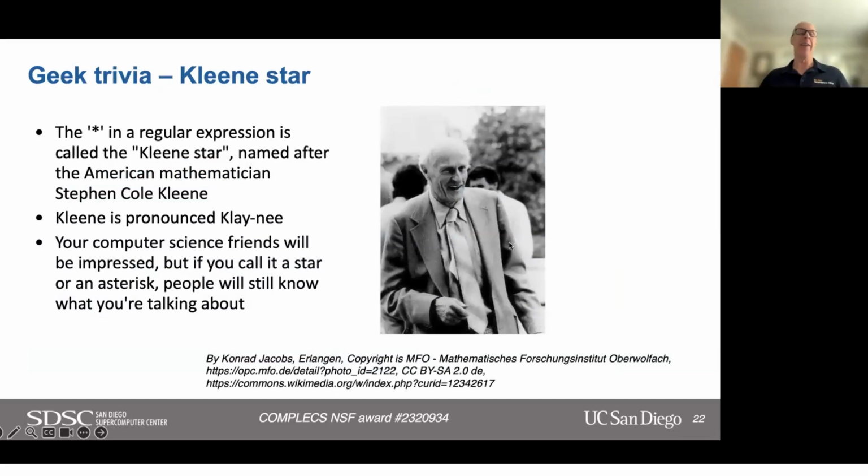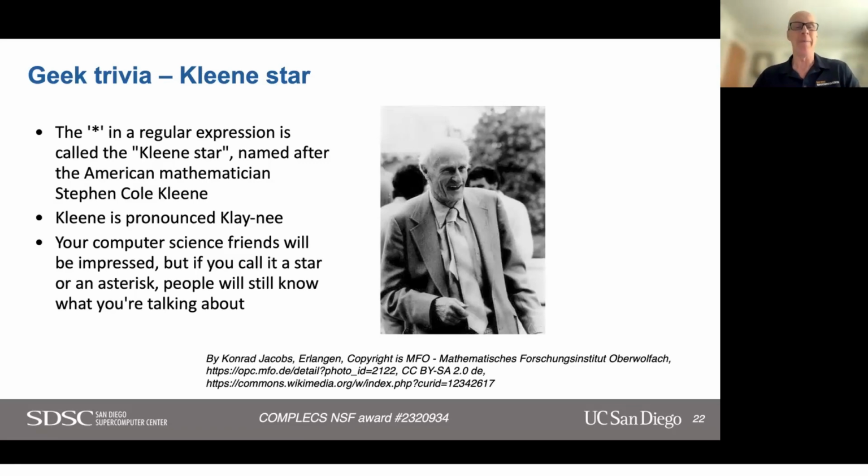And a little bit of geek trivia. I've mentioned this a few times, been calling this star the Kleene star. The star in a regular expression is called the Kleene star, named after the American mathematician Stephen Cole Kleene. Kleene is pronounced the way I've been saying it, Kleene. I would look at this and think that it was clean.